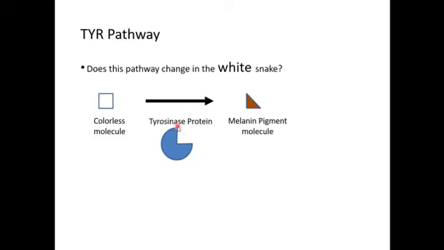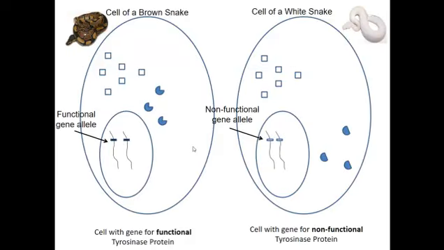And when you have a functional tyrosinase protein, it can be converted into a colored melanin pigment molecule. So how does this pathway change in a white snake? Well, think about what happens if this tyrosinase protein is no longer fully functional because it has a different amino acid. Let's take a look using our cell models.